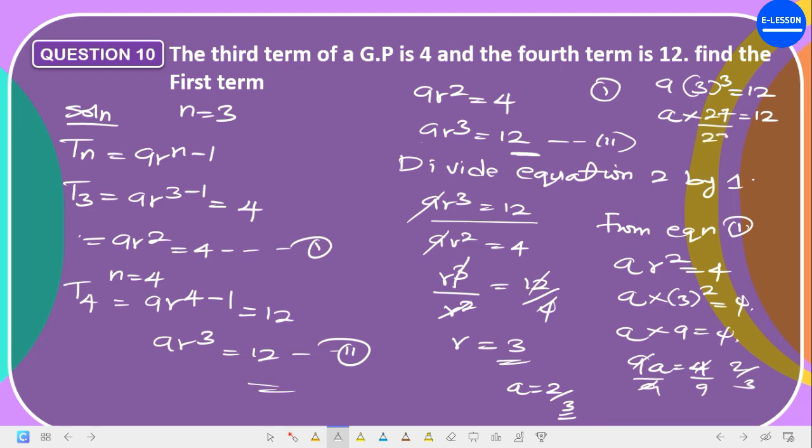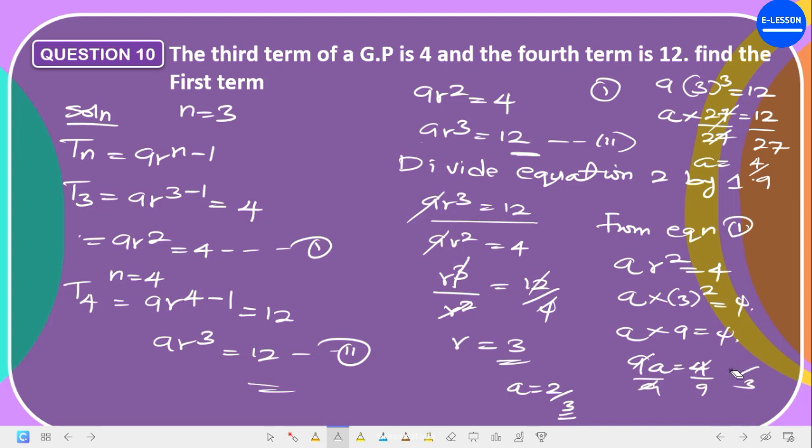Now divide both sides by 27. So a is equal to 12 divided by 27. If 3 goes into 12, it gives us 4. If 3 goes into 27, it gives us 9.